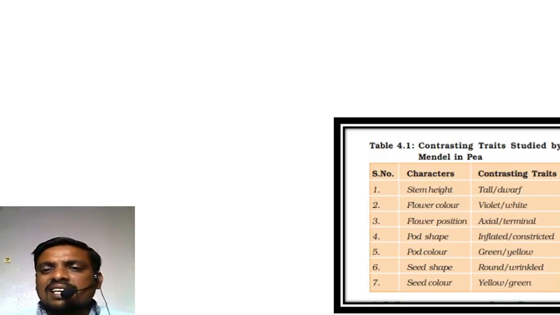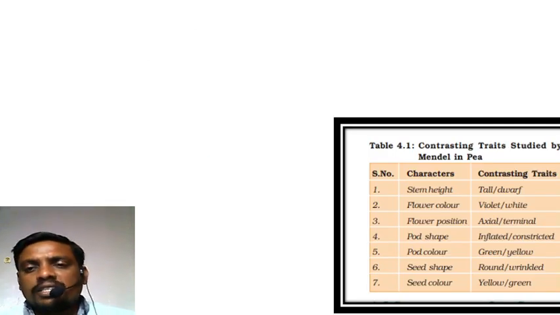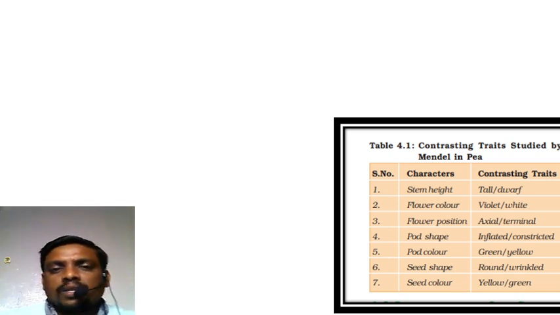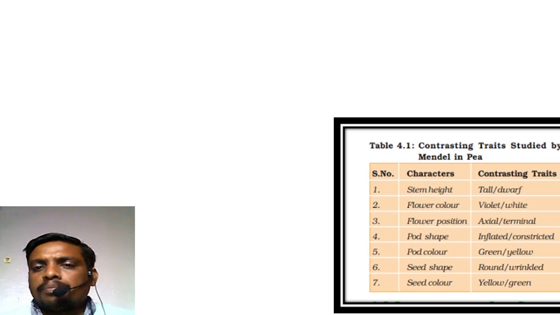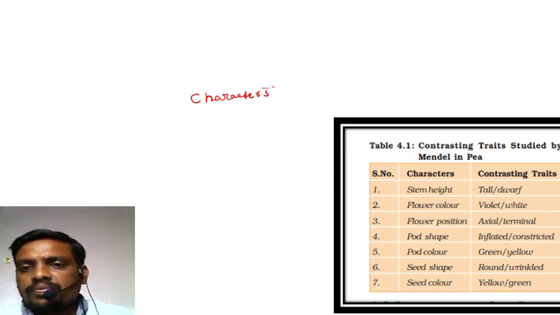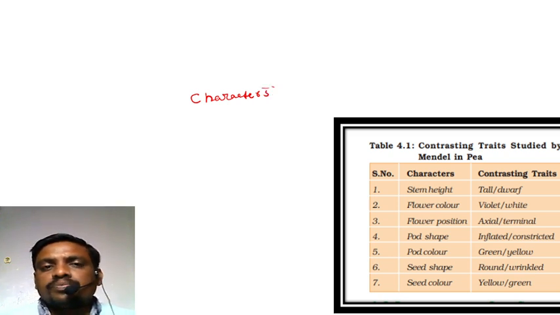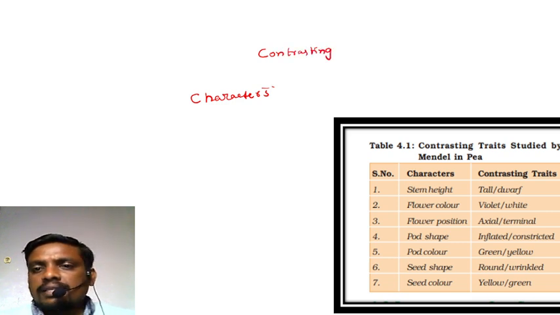Now, the contrasting traits studied by Mendel in the pea plant: what are the characters that are opposite to each other? These characters which are opposite to each other are called contrasting traits.